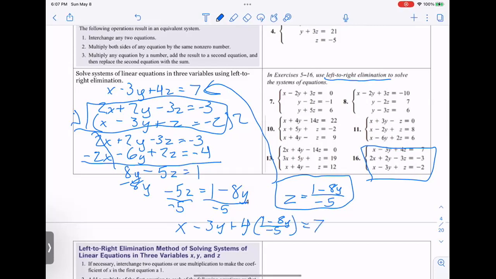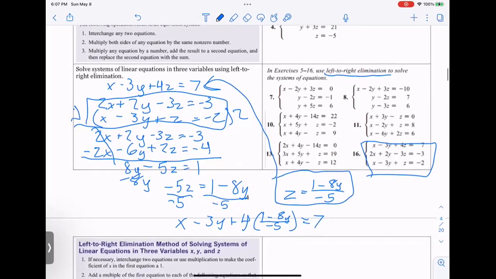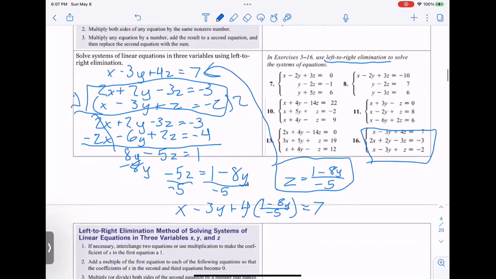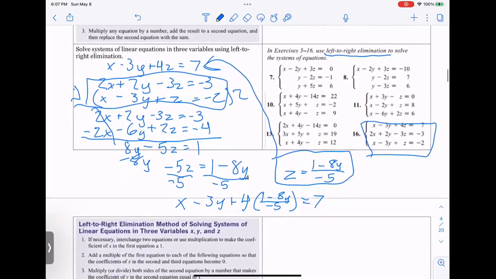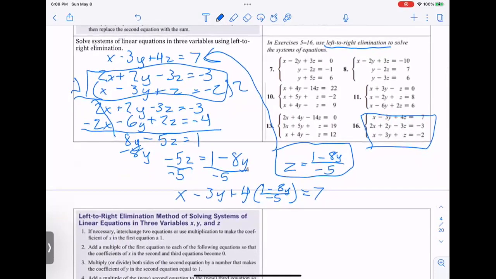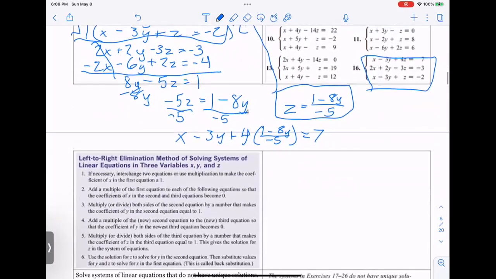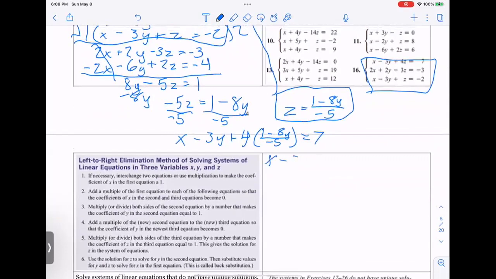We'll be left with x minus 3y plus 4 times (1 minus 8y) over -5 equals 7. Now, I know this equation is a lot of work, but when we have to solve this by hand, this is my recommended way, because it makes more sense to me. So then we can simplify this out.